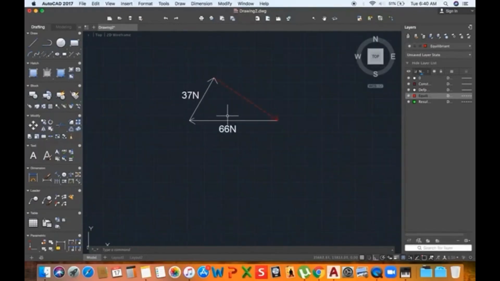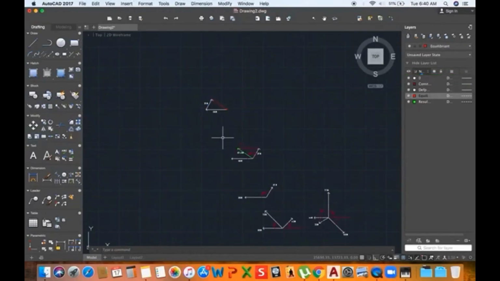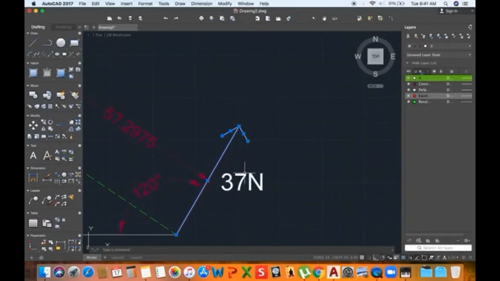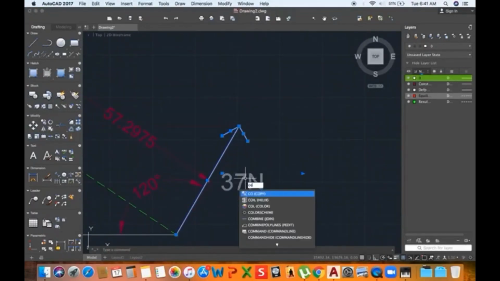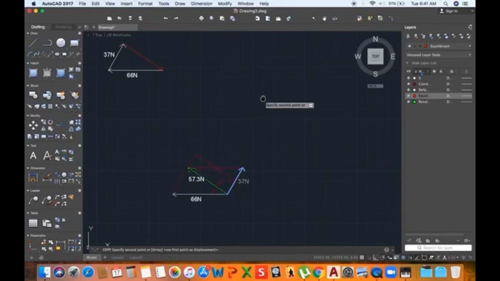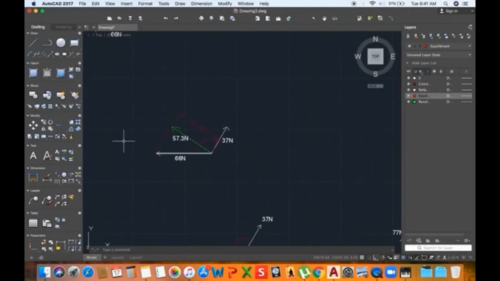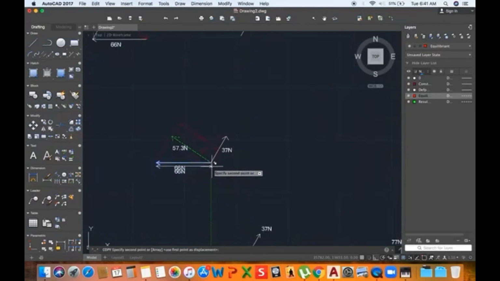If we had started with this vector, because as I said before, it doesn't matter which one you start with. Let's say you started with the smaller vector, which is this vector. Now you're taking the force based on the one you started with in an anti-clockwise motion.